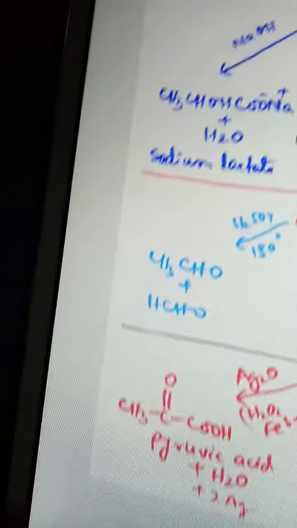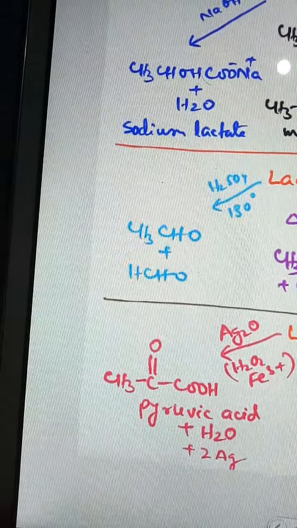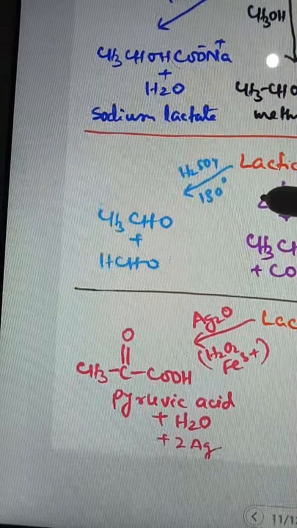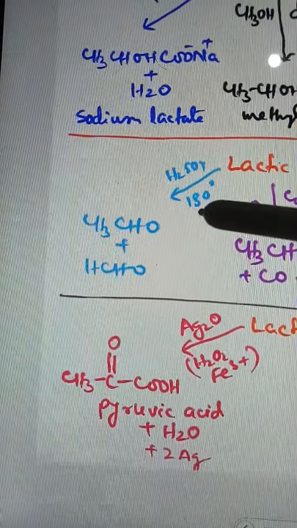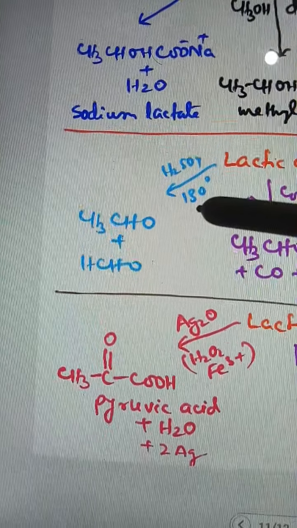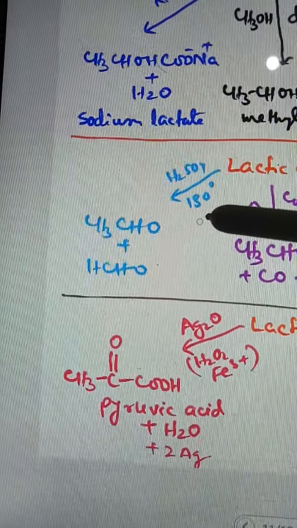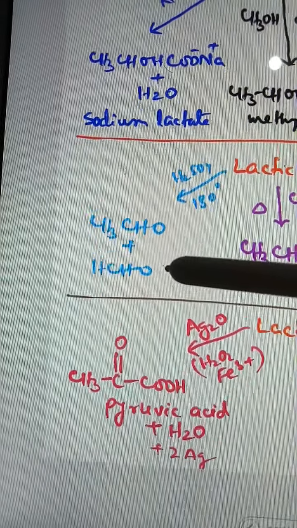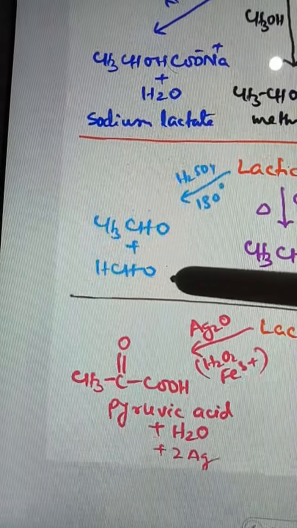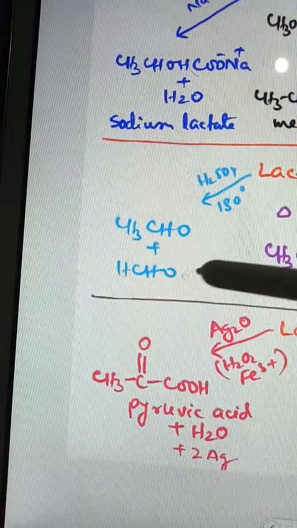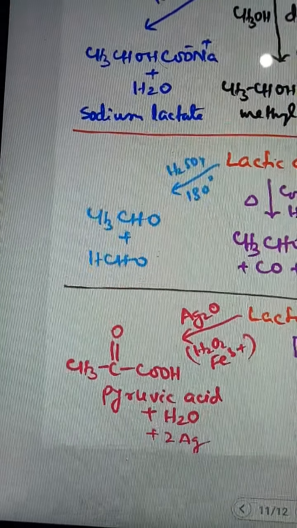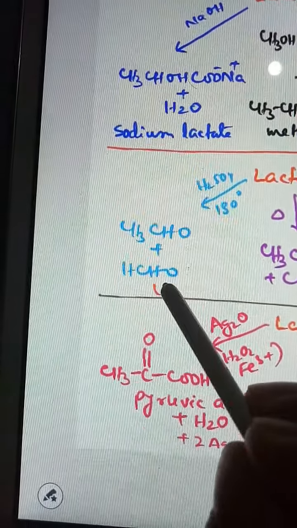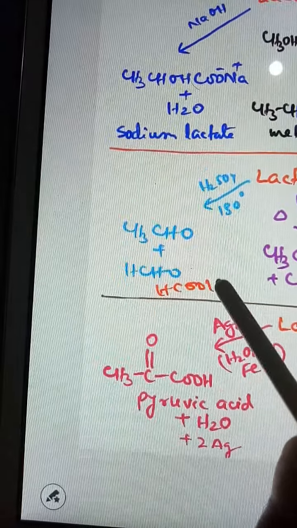Now come to the reaction with sulfuric acid. When heated with dilute sulfuric acid to 130 degrees Celsius, you will get acetaldehyde and formic acid. This is not formaldehyde, this is formic acid, HCOOH.